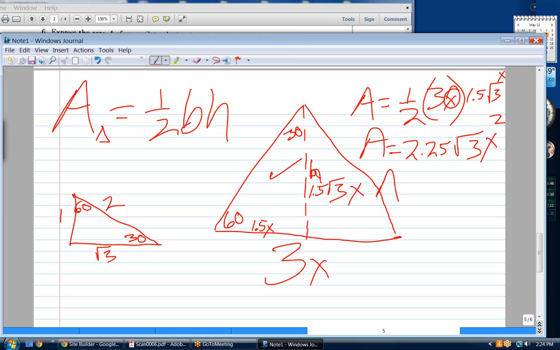So the area would be, now I do need to look it up, just a second. Now I'm curious as to where this is going to be. It's going to be in the chapter on trig. Area of an equilateral triangle. Gosh. No, I'm not sure where that is.